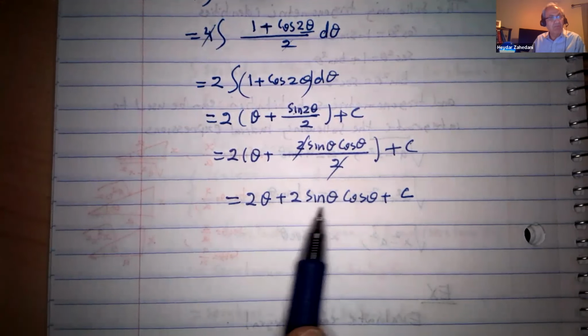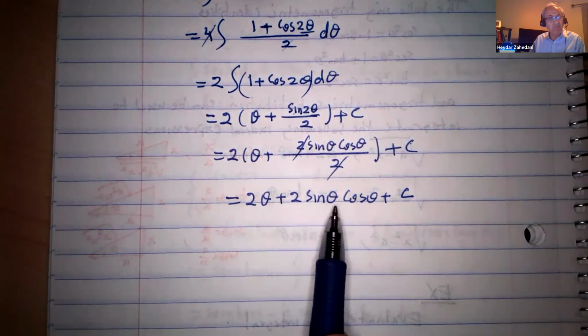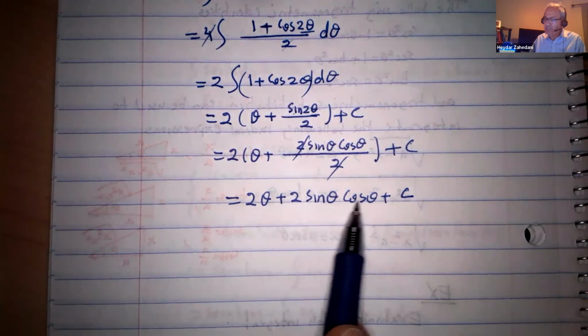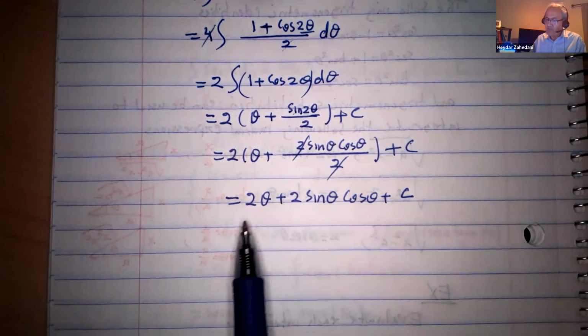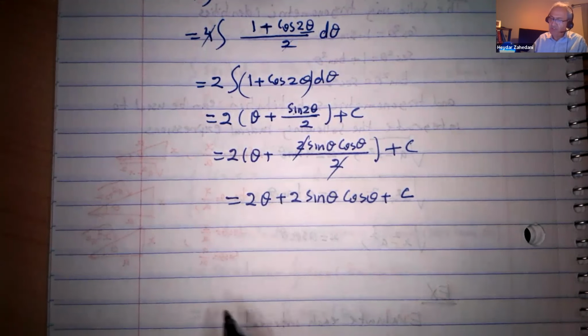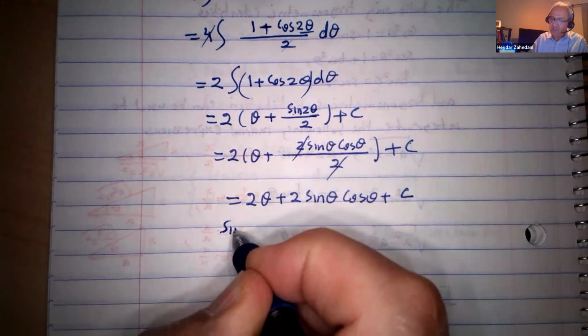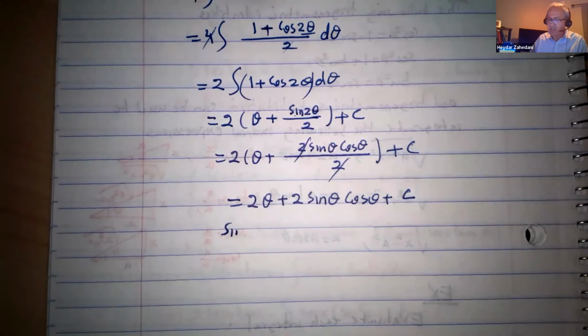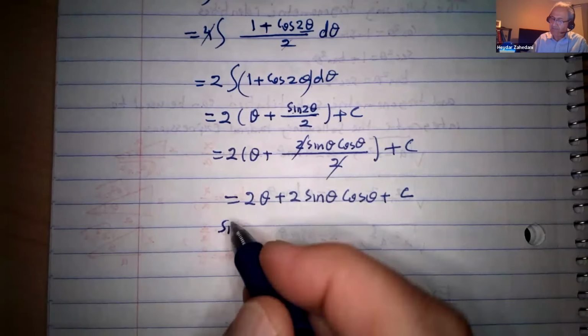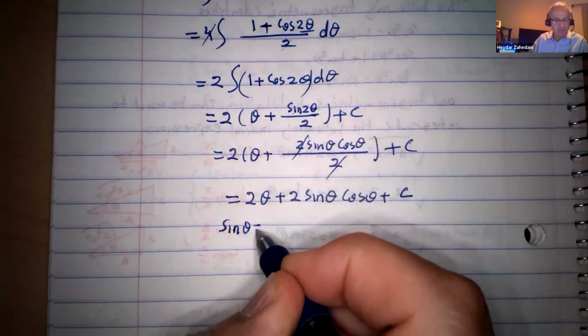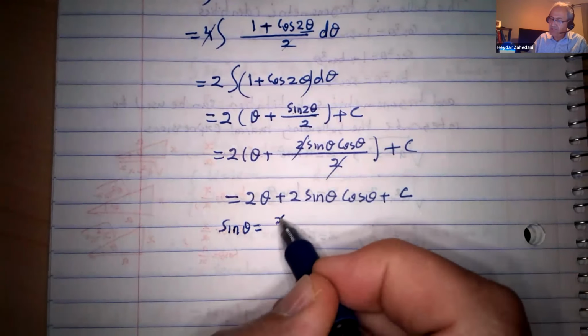Now you have to substitute. We don't accept any inverse function, remember. For this, you have to substitute to get these numbers. So for substitution, you go back to what you have. Remember your substitution was sine of theta equal to x over 2.